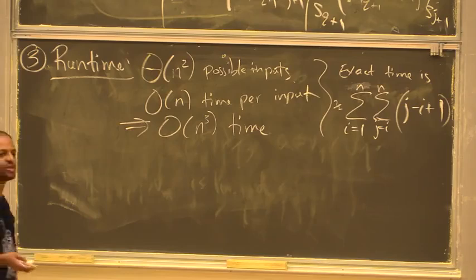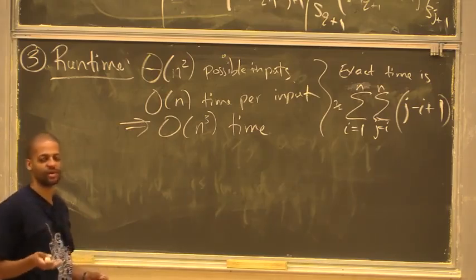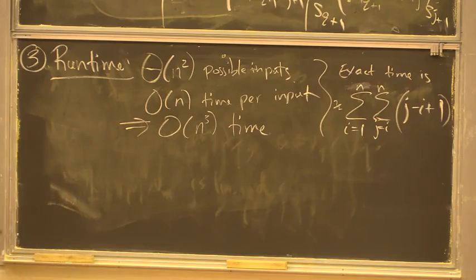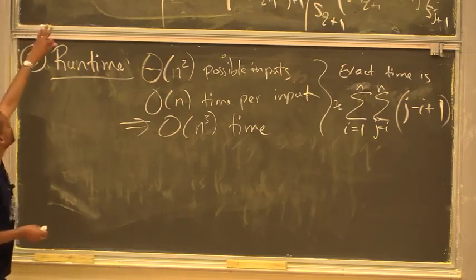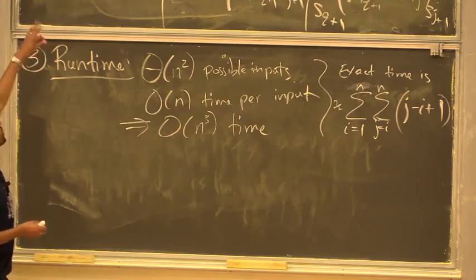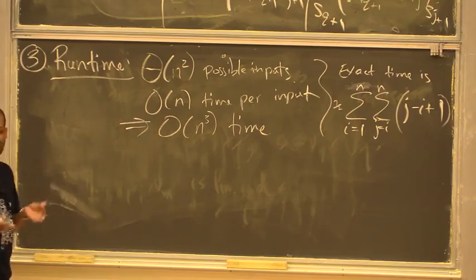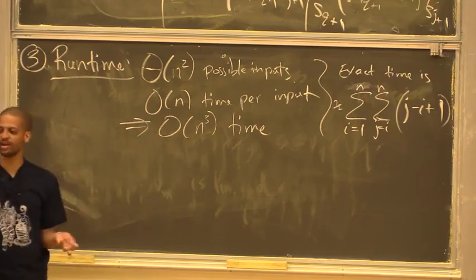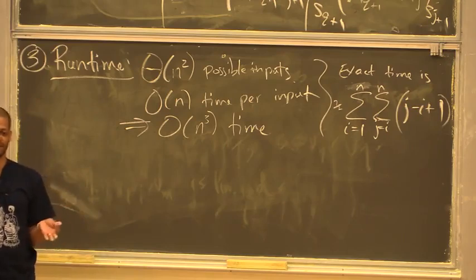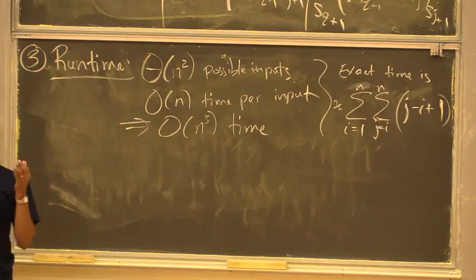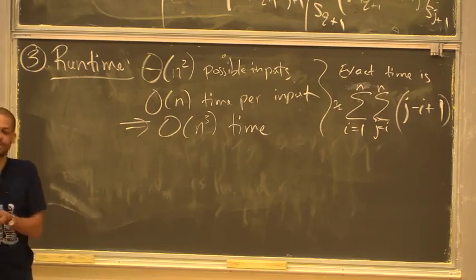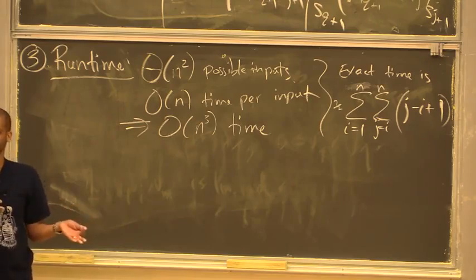But if you're just trying to show that it's at least n cubed, in big omega notation, you can be even sloppier. You can say the following: look at the subset of possible inputs where i is between 1 and n over 3. There are n over 3 such possibilities. Now for any such i, j is allowed to be between 2n over 3 and n, because all of those are bigger than n over 3.